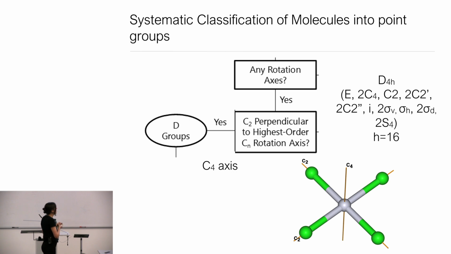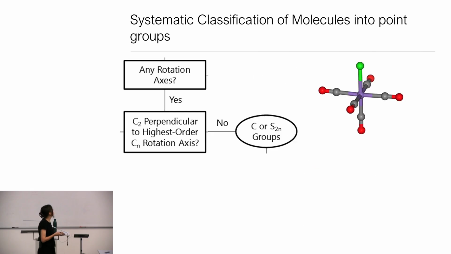But I would identify this highest order rotation axis and ask if there are any perpendicular C2s. Here, if I have this planar D4H molecule, I can see I have a fourfold axis of rotation, but clearly perpendicular to that, there are C2 axes. And so this broadly defines the D group of molecules, that it has perpendicular C2 axes.